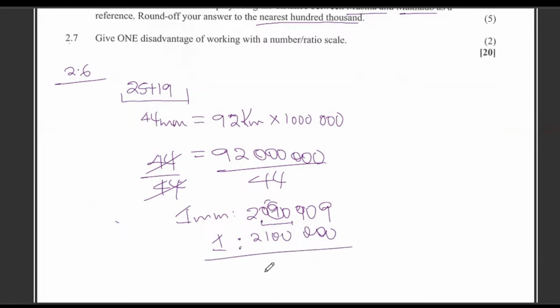Name one disadvantage of using a number ratio. It involves a lot of calculations. Number 2, it does not increase with the diagram once increased. The moment you change the diagram, you have to change it also, unlike the bar scale.